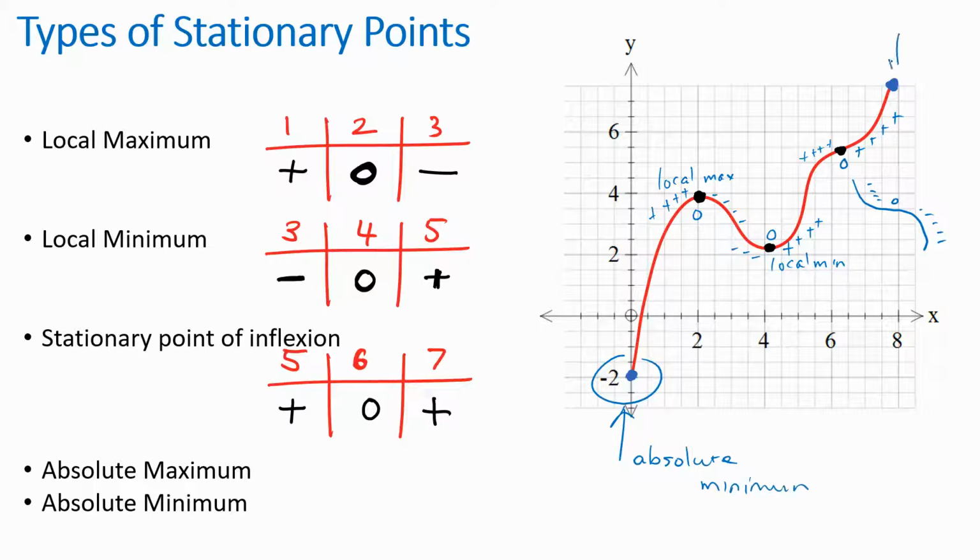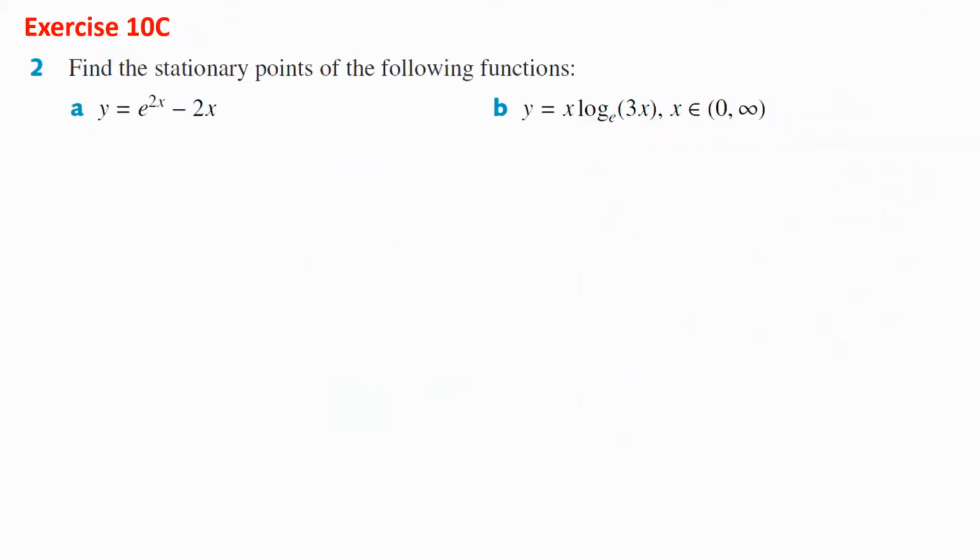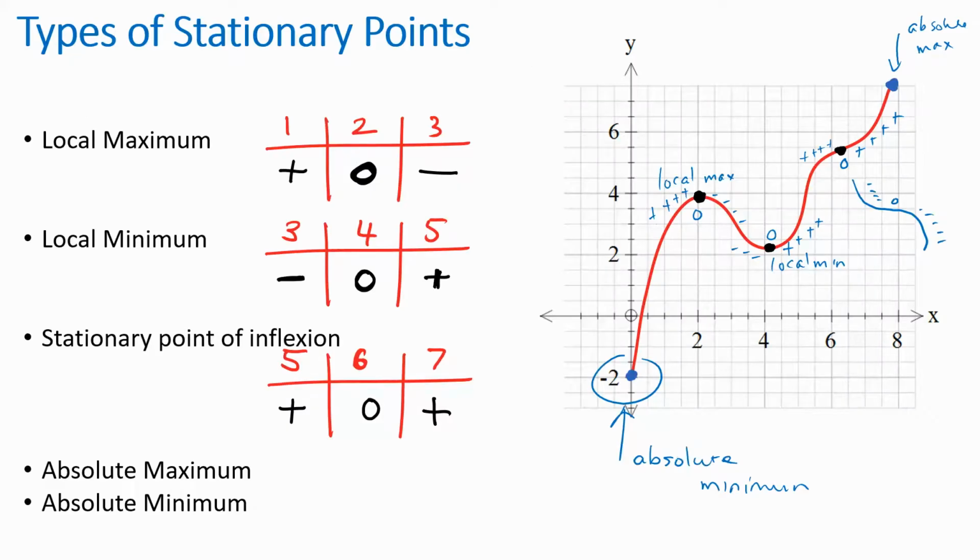This is your absolute maximum. So absolute maximum, absolute minimum is just basically what is your largest y value, what's your lowest y value. If you actually know what your absolute maximum and minimum are, you know what your range is. That's all it really is. That's different to local maximum, local minimum.